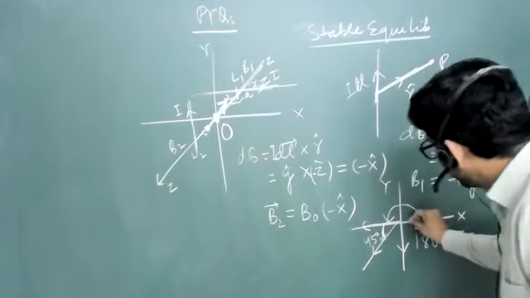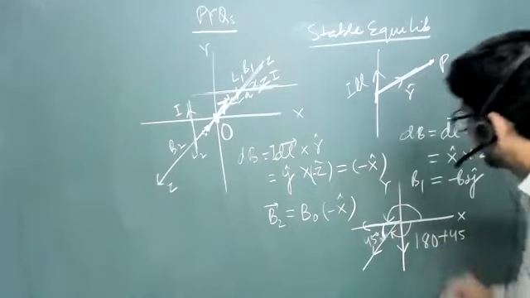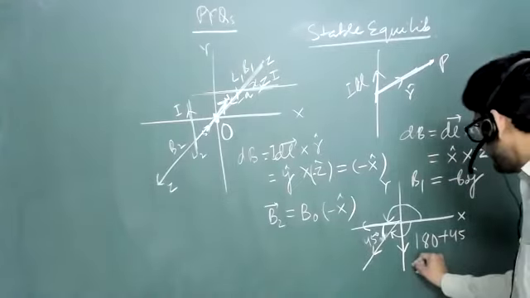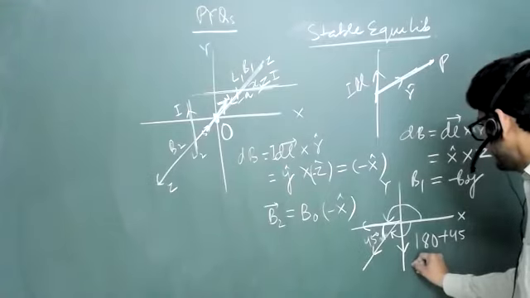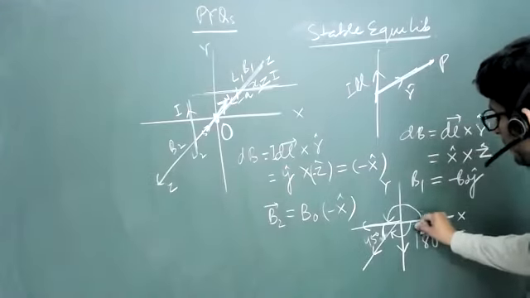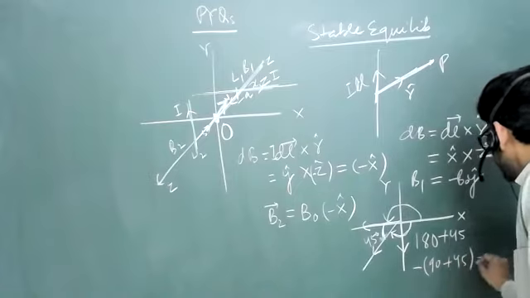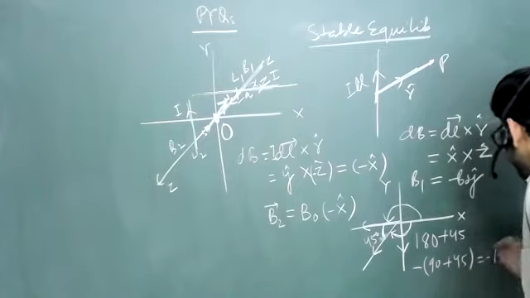Or you can measure this side also, clockwise. So how much will it be? Minus 180 plus 45, that is, minus 135. 90 plus 45, that is minus 135.